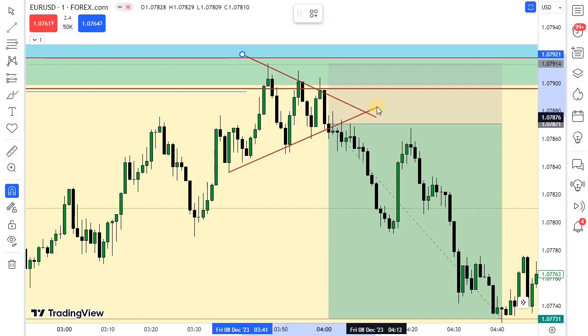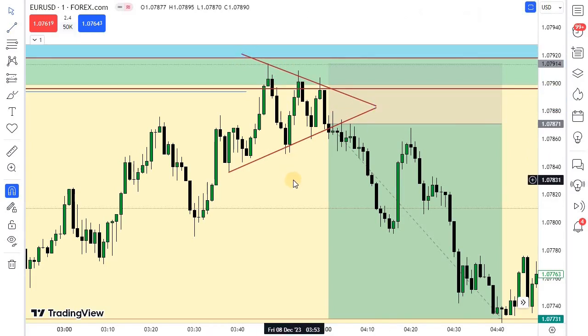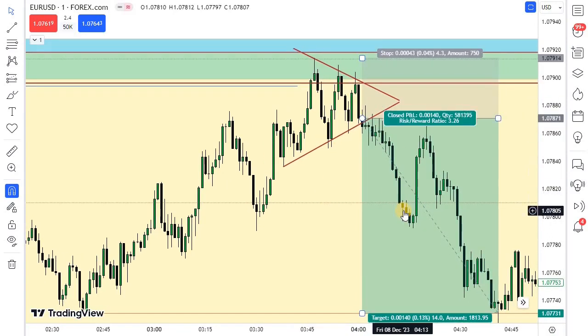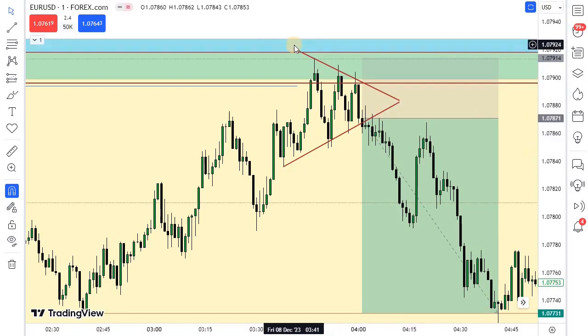So what are the retail traders gonna think? That price is now gonna break that trend line and then go up, because they are watching this up move here. But we are watching the higher time frame narrative, and the narrative was also price is going down. So that was also a beautiful setup.